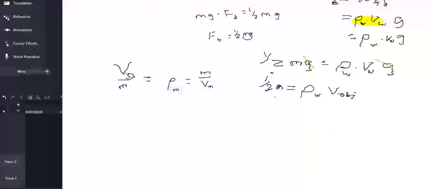If we look at this equation and I solve for V of the object, that equals the mass over 2 rho water.